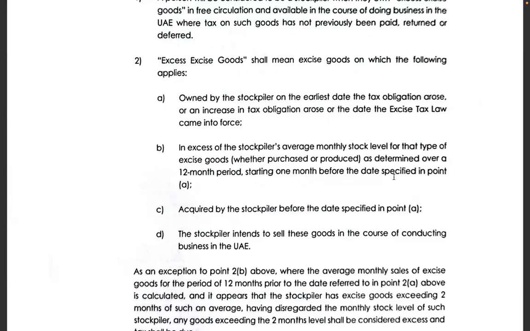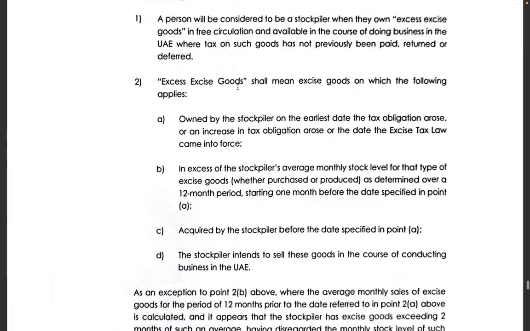So, in the first point we were discussing excess excise goods. What are excess excise goods? They shall mean excise goods on which the following applies. What applies?